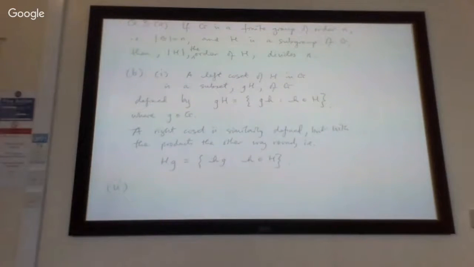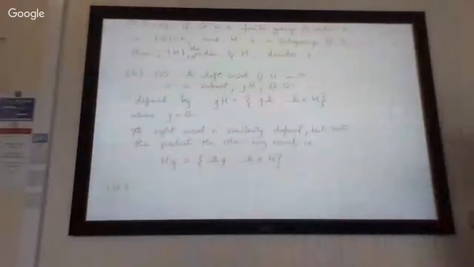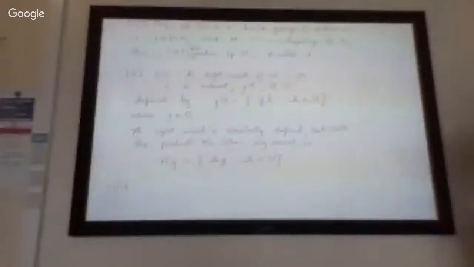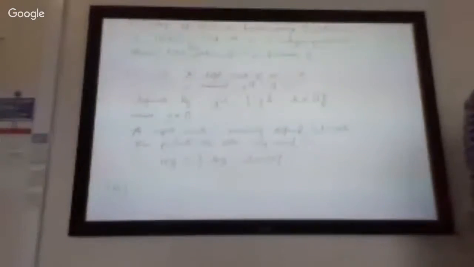And that allows you then to count the number of elements in G by counting up separately the number of things in each cell and adding the results. Whereas if they did have non-empty intersections, you couldn't add the things in each cell and add them all up because you'd be double counting anything that appeared in an intersection, or triple counting, or quadruple counting. So this is the key part of this.